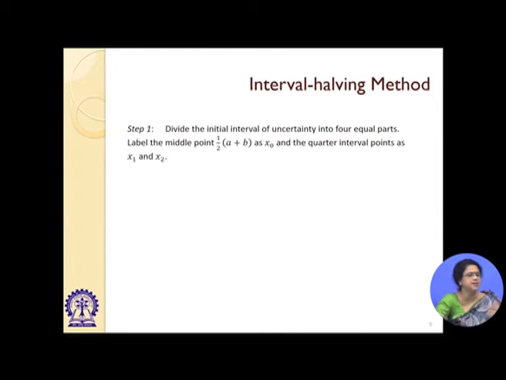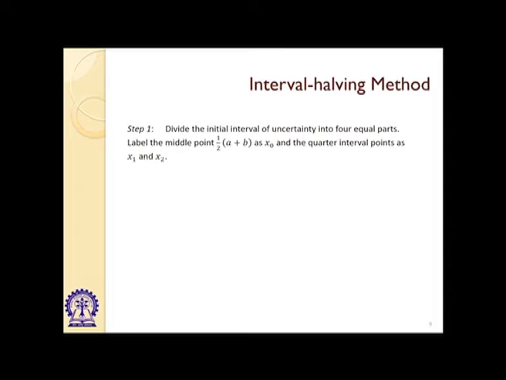The process tells you that if A is the lower bound of the interval, this interval is called the interval of uncertainty, because we do not know where the optimum lies. The only information we have is that the function is unimodal in between 0 to 20. That is the given information. That is why 0 is A and 20 is B, and we name the midpoint x0.